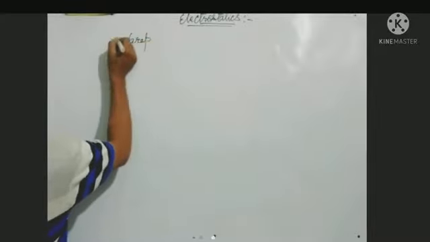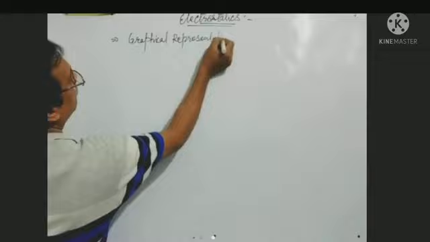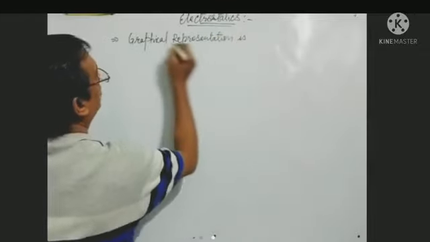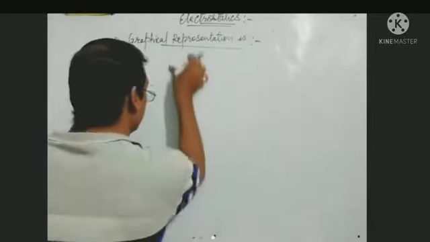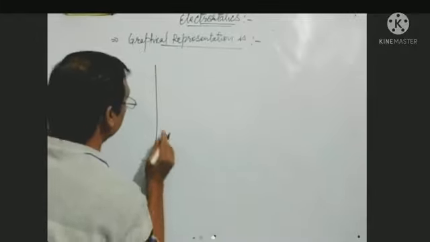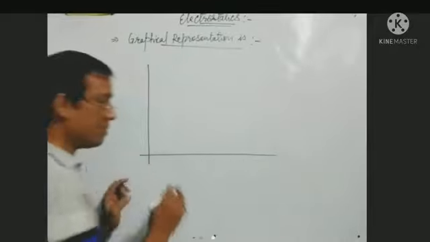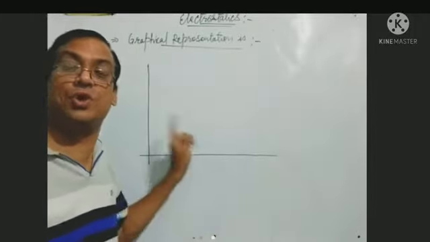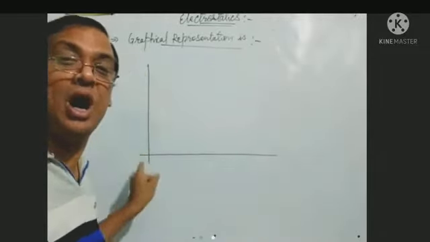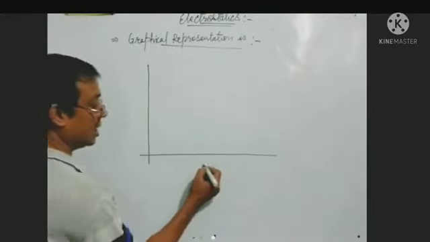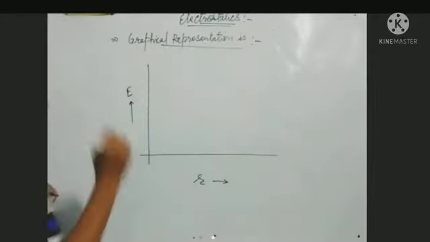Graphical representation. If a graph is formed, students, then we have to form a graph between small r, which is variable, and electric field.